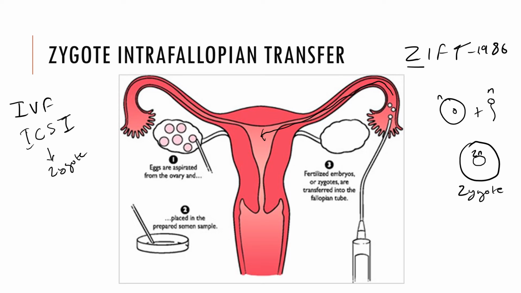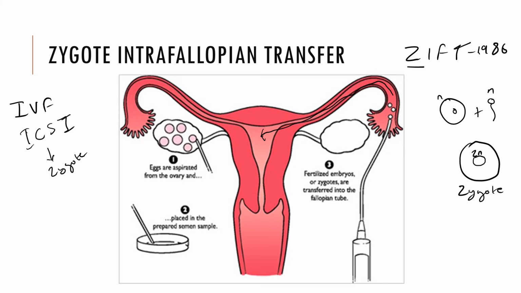So here also one of the side effects is multiple pregnancy, as we have seen in the case of IVF. So side effects remain the same in all the ARTs: multiple pregnancies, or sometimes also ectopic pregnancy, where the zygote develops in the outer lining of the uterus instead of the inner endometrium. So this is what happens in zygote intrafallopian transfer, or ZIFT.